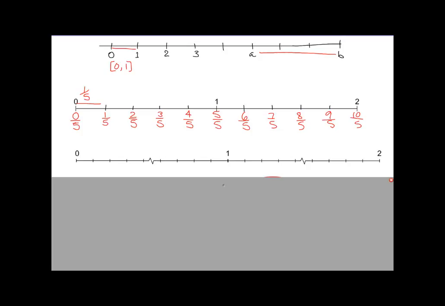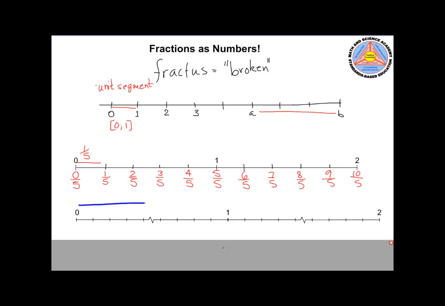I've included a little squiggly mark to show that I'm not sure how many segments fit between 0 and 1, but if I choose to break the unit segment into n parts, then the notation that I'll use to represent the first mark, the first segment, is 1/n. If I double that length, I have 2/n, which represents the next point. I can triple that length and get to 3/n, and so forth.